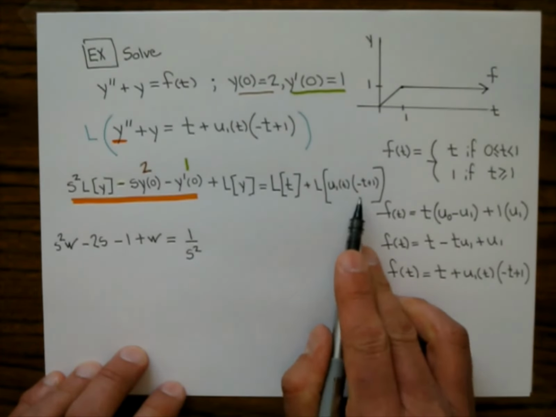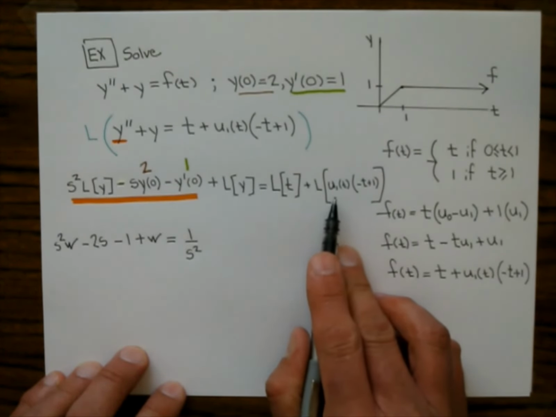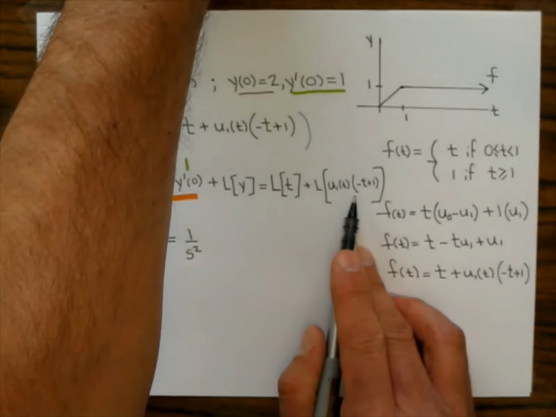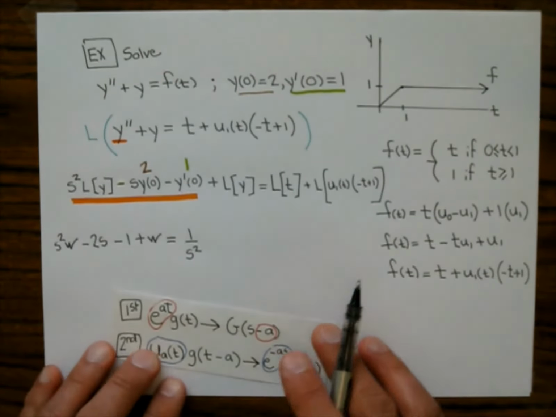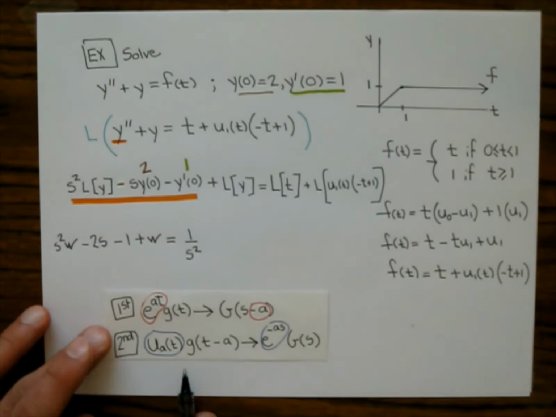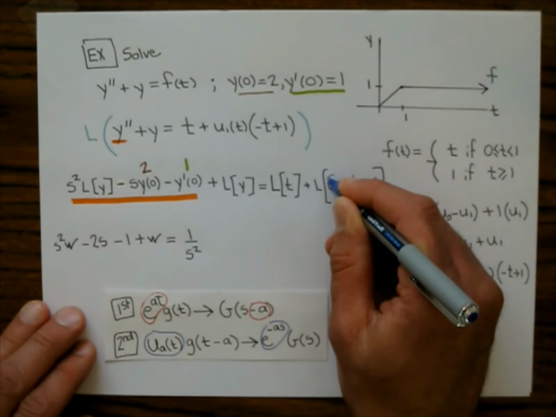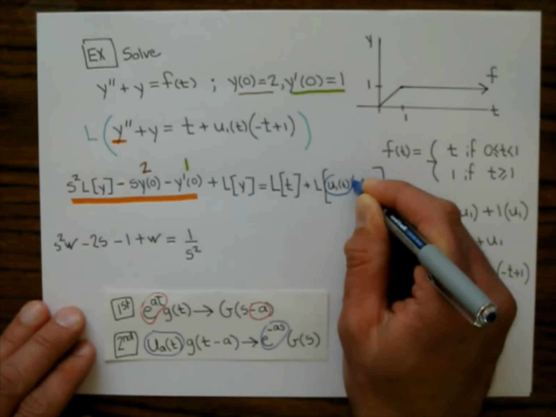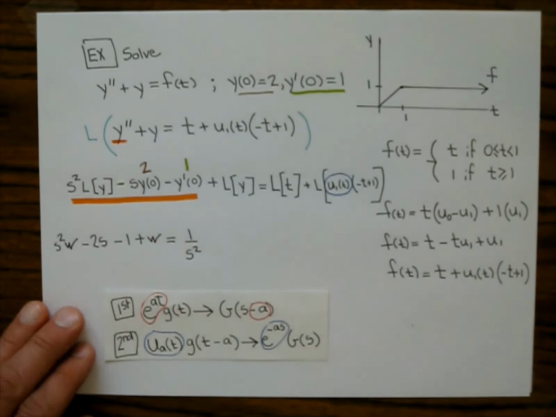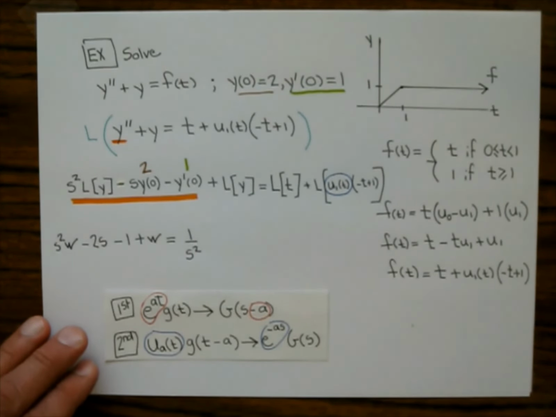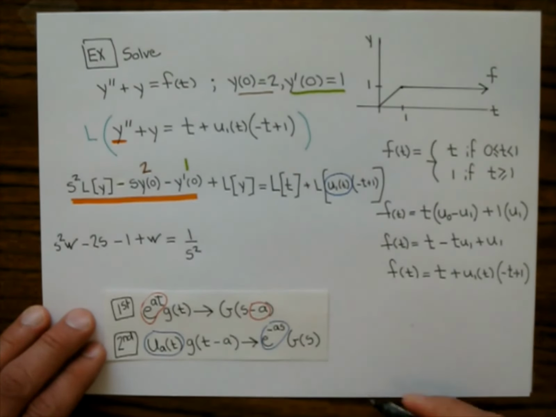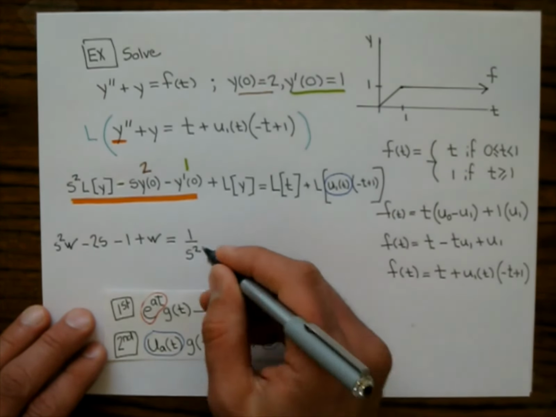Okay, so this right here, when I'm taking the Laplace transform of u1 times that function, I'm doing the second shifting theorem. So let's see if we can be a little bit more efficient here. I'm going to circle this in blue. And I know that when I do the second shifting theorem, I'm going to have this right here.